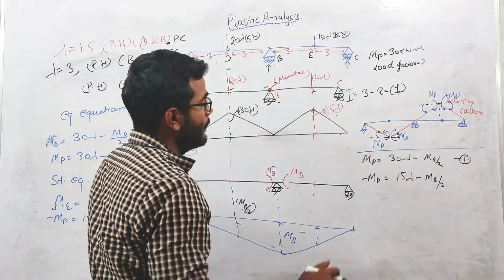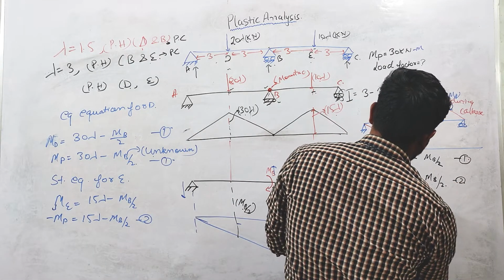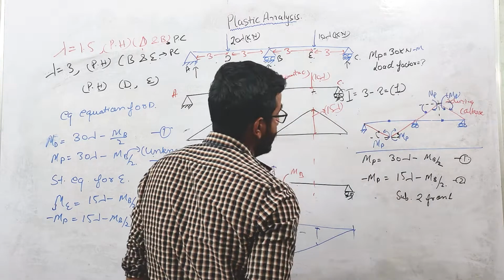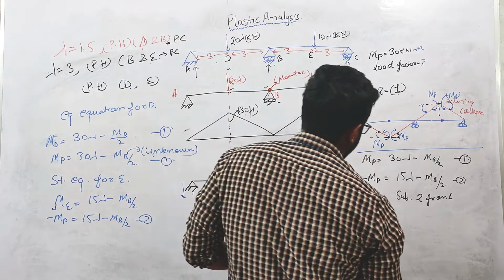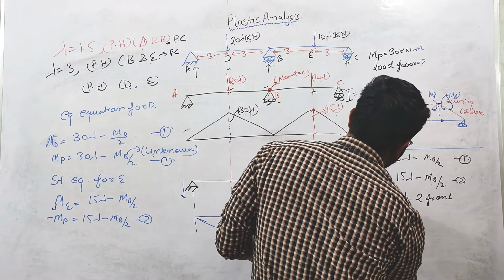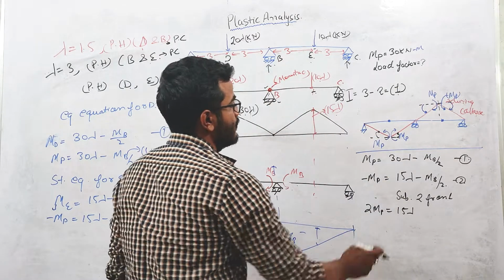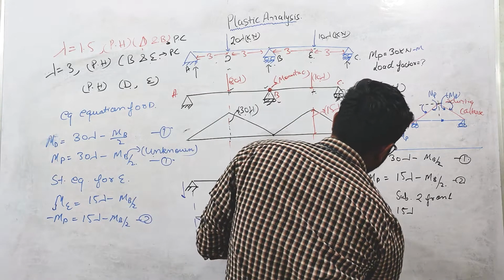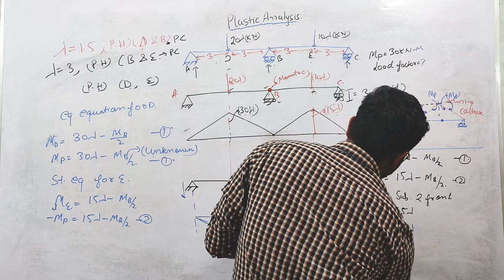So if you subtract 2 from 1, this value will be 2 MP equals 15 lambda. These two terms will cancel out each other if you subtract them. So 2 into MP is 30, and this is 15 lambda. So lambda comes out to be 4.